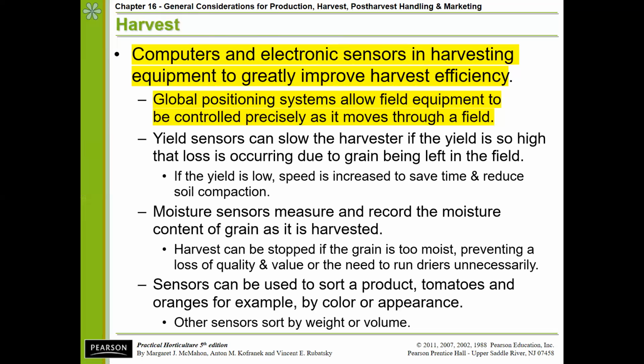And also other sensors for just the maximum flavor profile, but basically the best crop value that you can get. We might look at things by color or appearance, or by weight or volume, all kinds of different sensors that can do these different things.